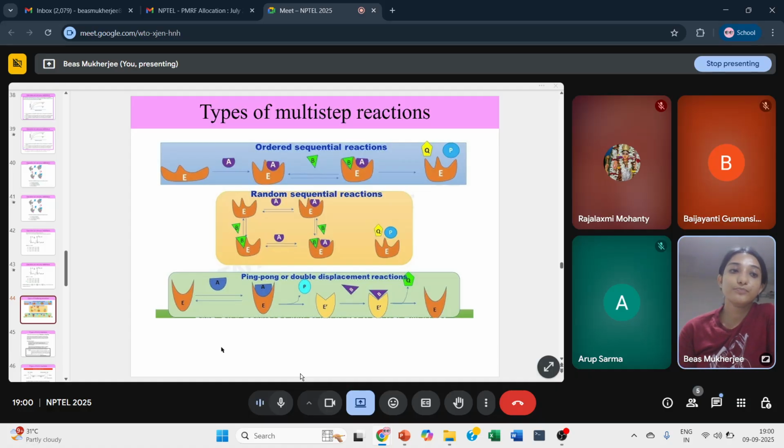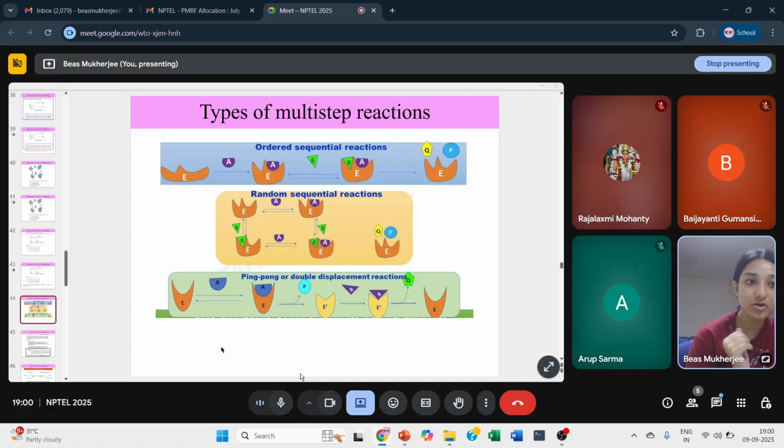We have talked about allostery already. But what happens in the case of multi-step reactions? Multi-step reactions can be ordered sequential reactions, random sequential reactions, and ping pong or double displacement reactions. They can be majorly of three types.